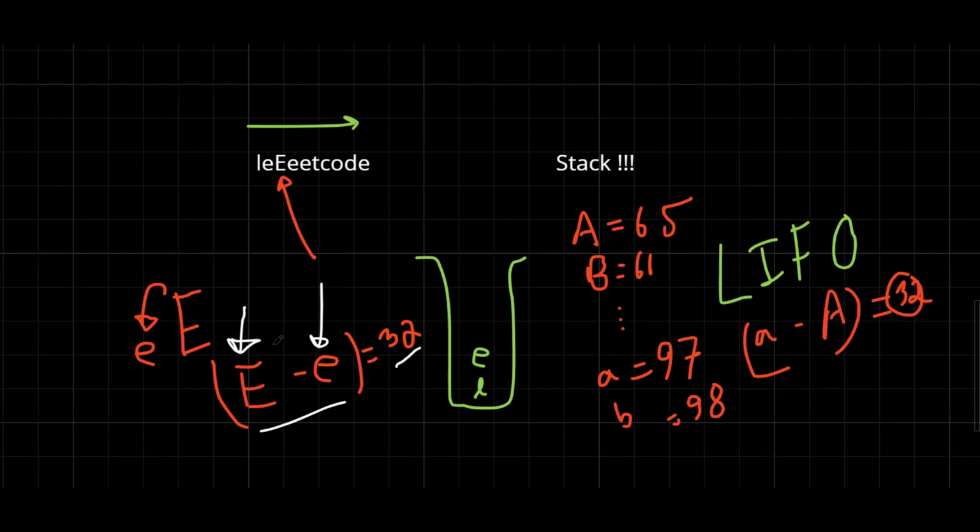So in this case, we have to remove the top element of the stack. So here, for this capital E, we should remove the small e. Now, our pointer should point to the next element, which is small e, which is this.